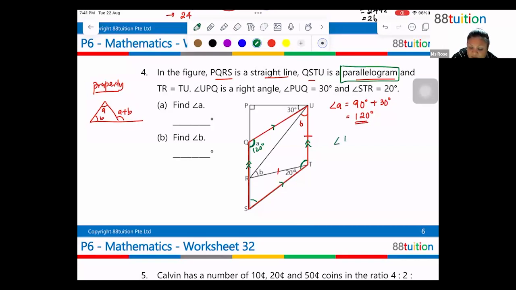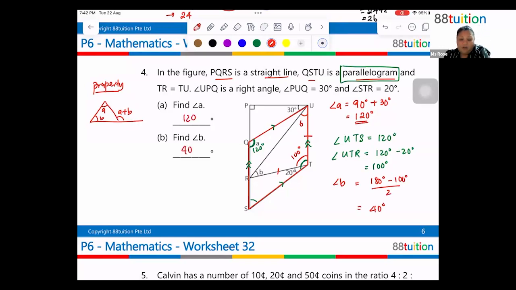That means angle UTS is equal to 120. So angle UTR is equal to 120 minus 20, which is 100. If this angle within here is 100 degrees, that means angle B will be 180 minus 100, divided by 2, to give me 40.